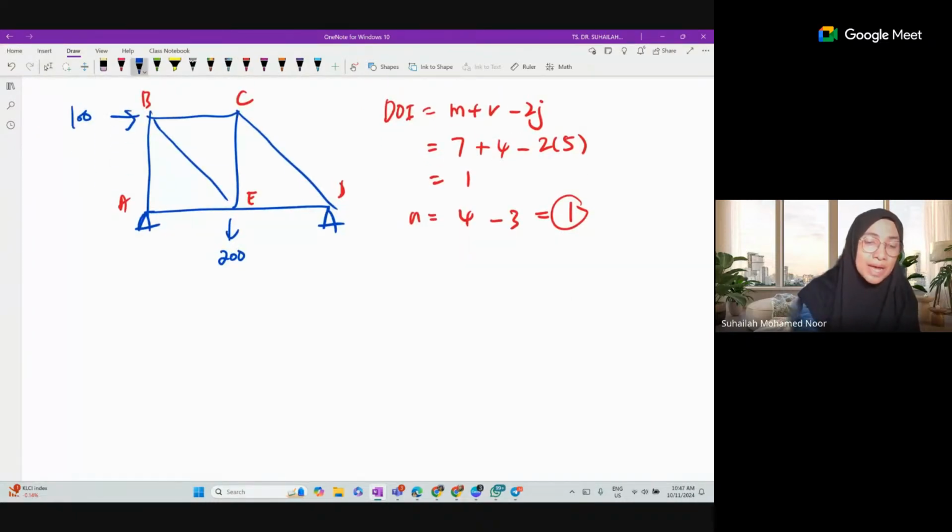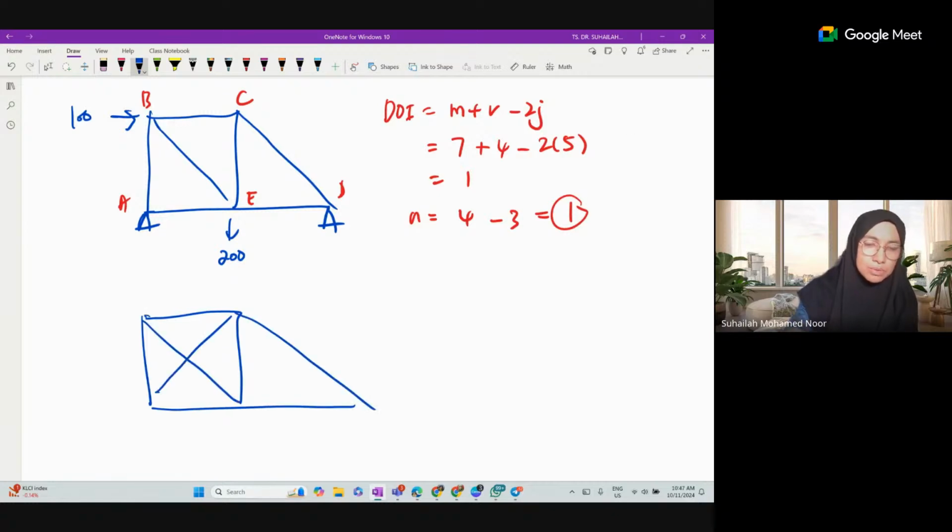When we have it like this, with 1 and 2 here, here is the pin and this one is the roller.